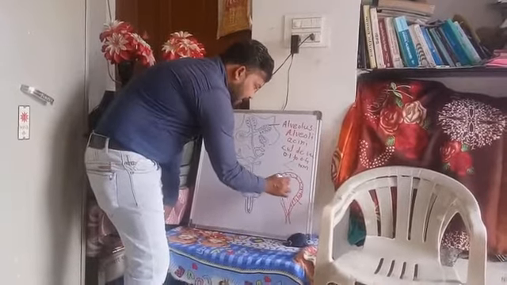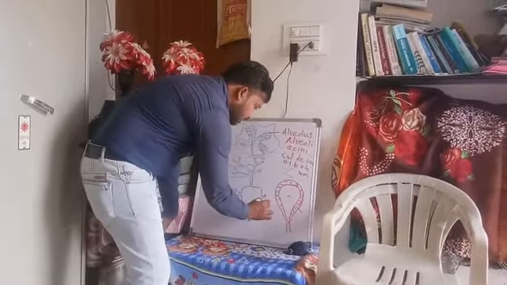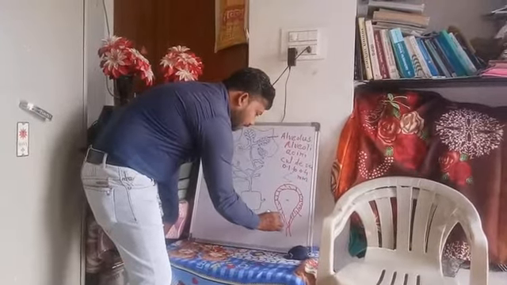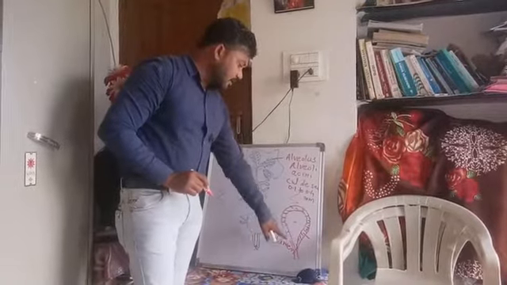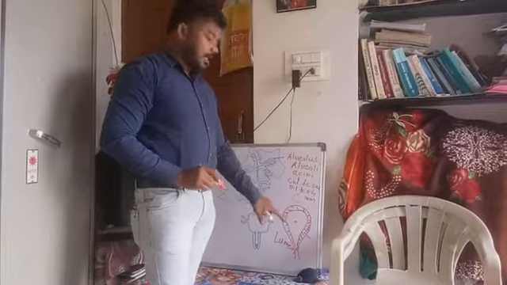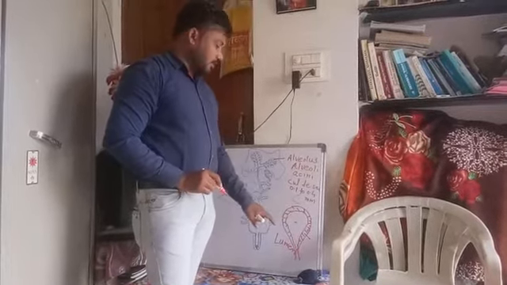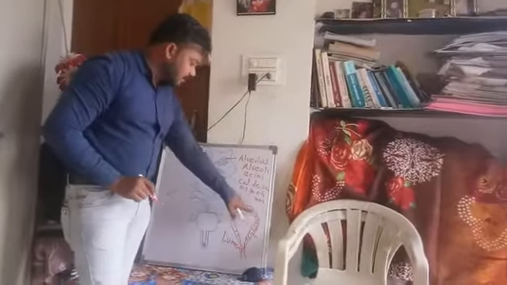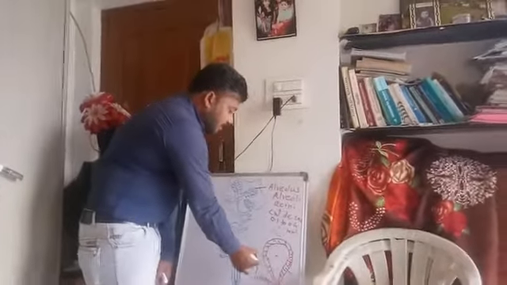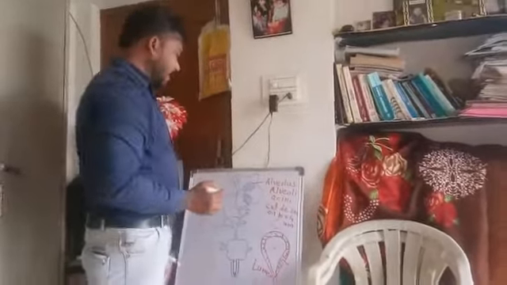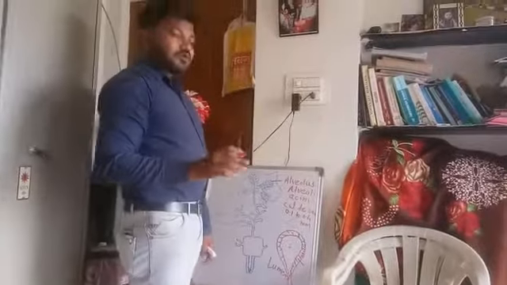This empty cavity is called the lumen. Lumen is nothing but an empty cavity located inside each alveolus. When the secretory tissue synthesizes the milk, the milk is stored inside the lumen. So this is all about the alveoli.